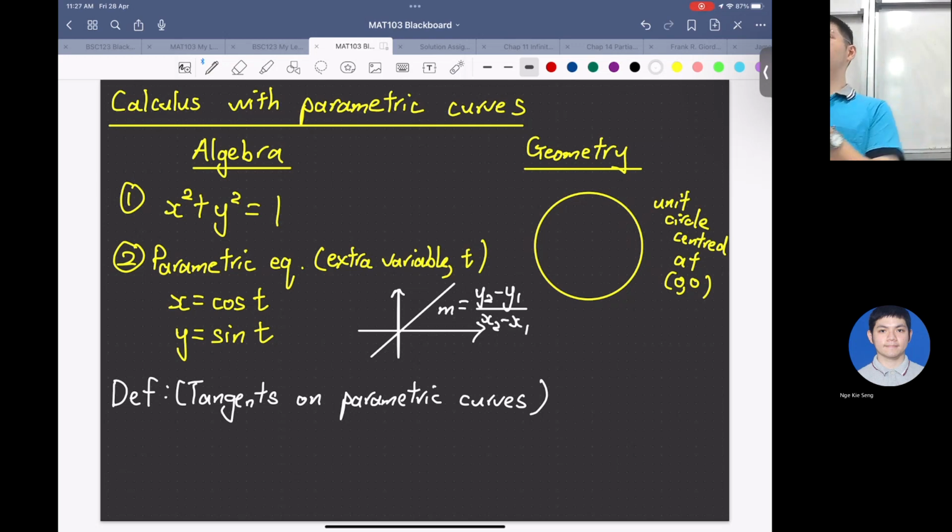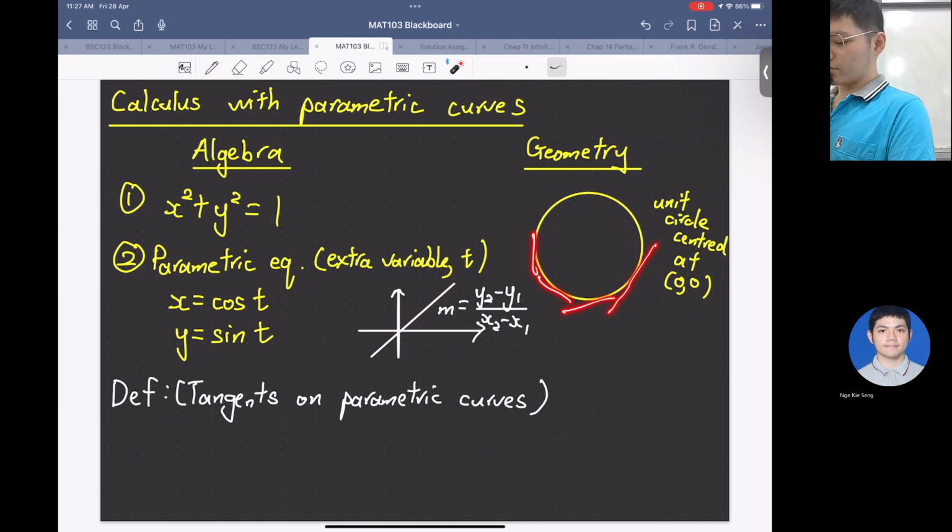So for a straight line it's easy, because we can pick any two arbitrary points to compare. But for something that's not straight, you need to go to the limit definition, and we will revisit this definition again.